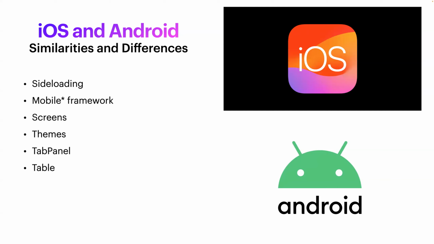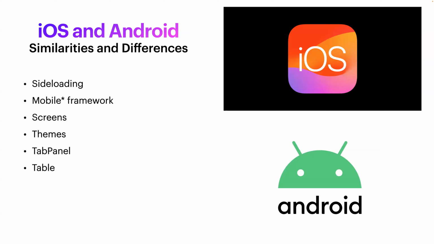The other control that is different between iOS and Android is table. Essentially, iOS has its own specific table and Android has its own specific table. The tables have an API that's very tied to the underlying implementation of table on each platform. So they didn't really lend themselves well to being shared across both.